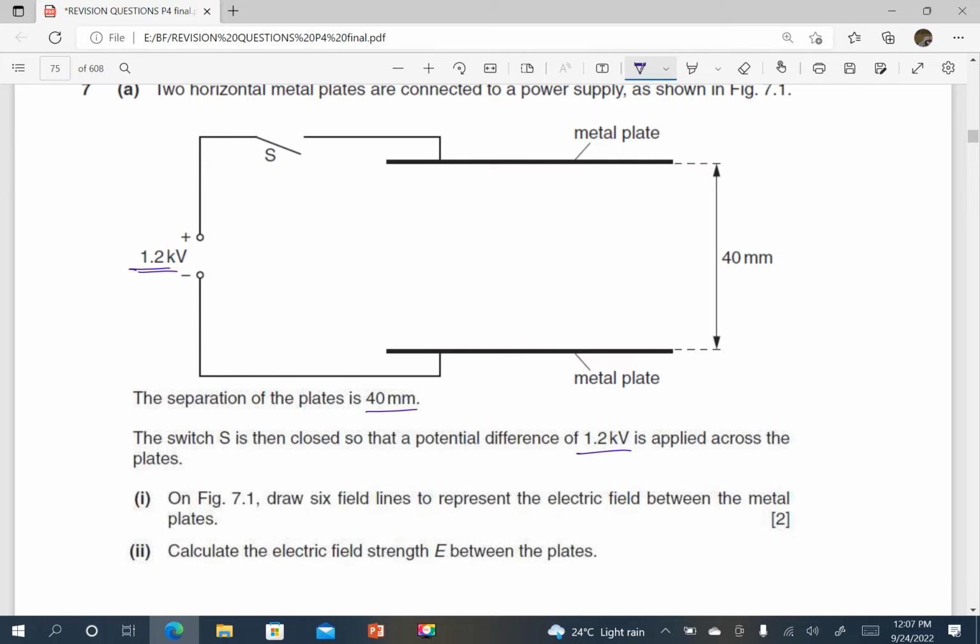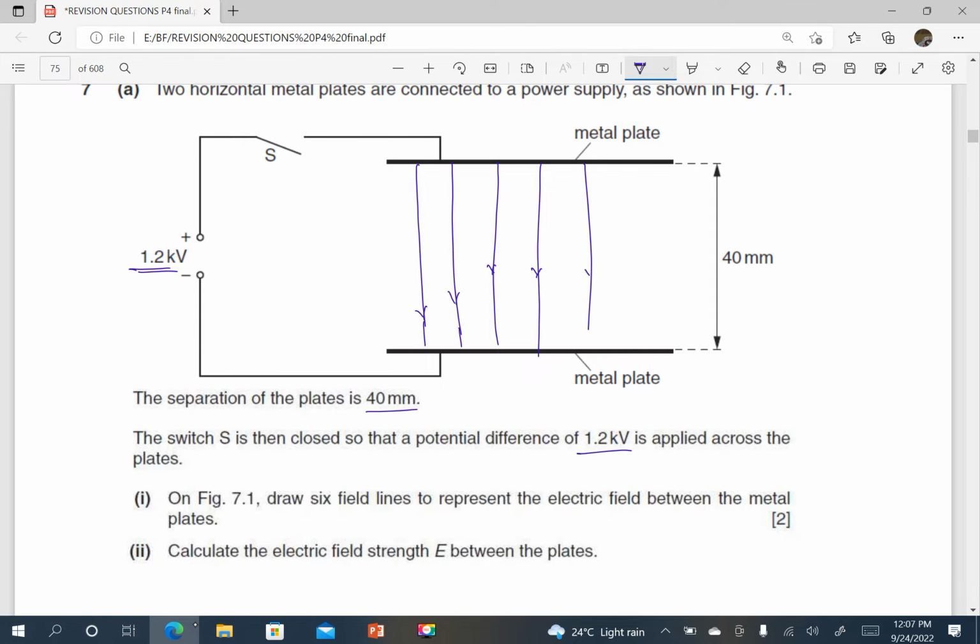So field lines originate from high potential to low potential. Being a uniform field, the field lines will be parallel to each other and equally spaced. You can use a ruler to draw field lines which are extremely parallel to each other.